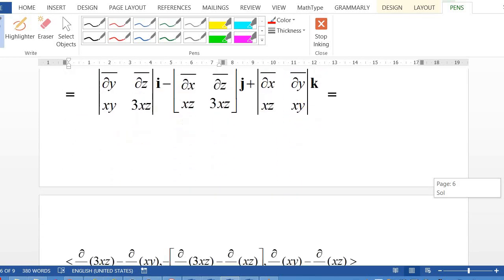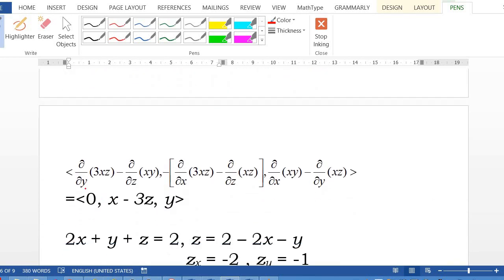Then evaluate the determinant. For component i, del/dy of 3xz, with x and z constant, gives 0. Del/dz of xy, with x and y constant, gives 0. So 0 minus 0 is 0.